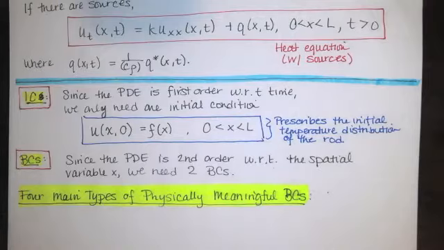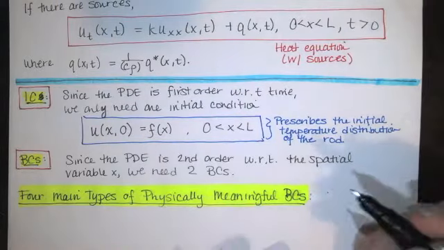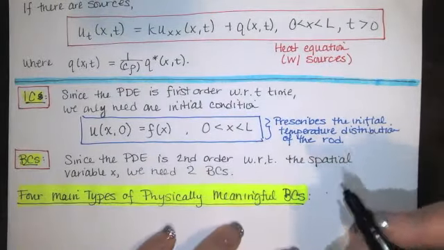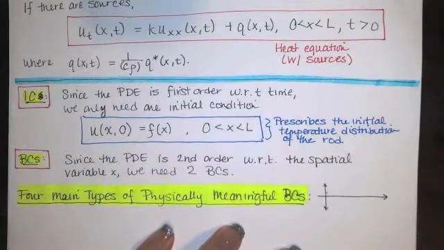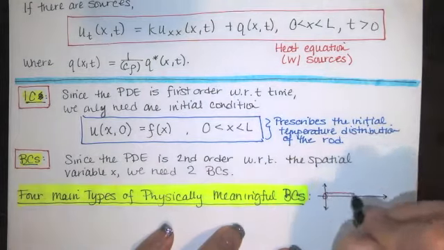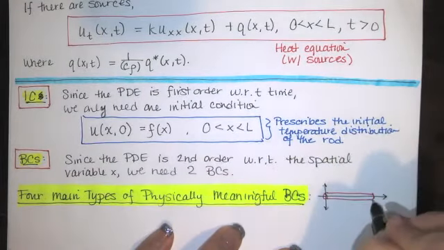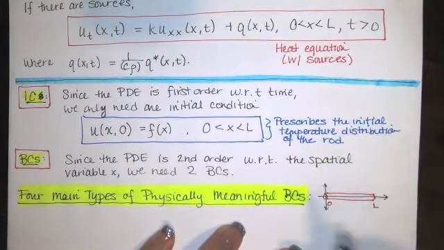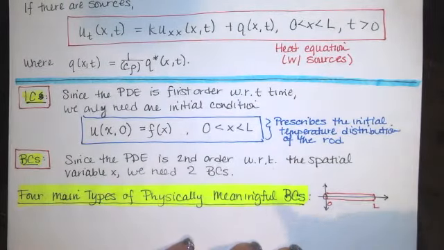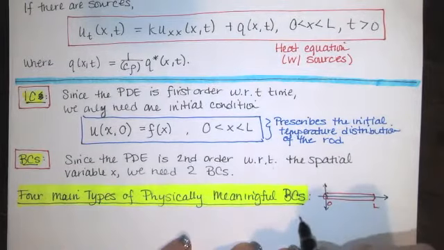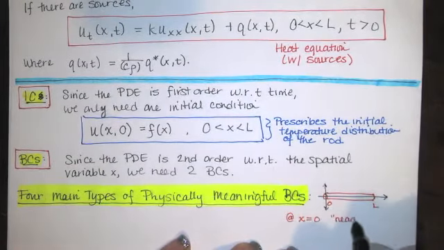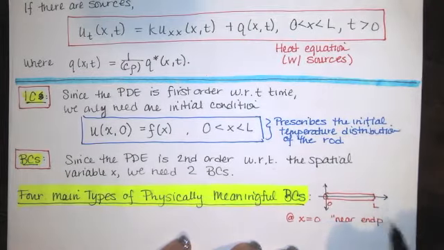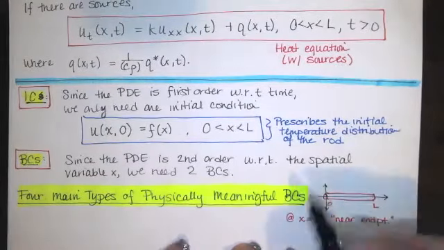To simplify our discussion, I'll use the same terminology that Dr. Constanda used in his textbook. If this is our rod and it has a length L, this endpoint at x equals 0 we're going to call the near endpoint, and I'll abbreviate that as end pt for point.